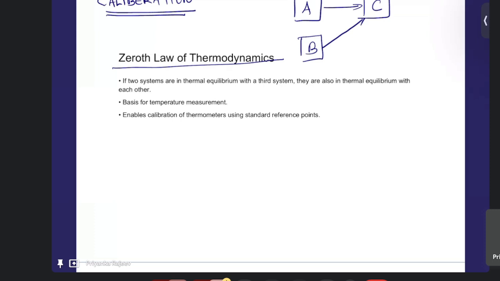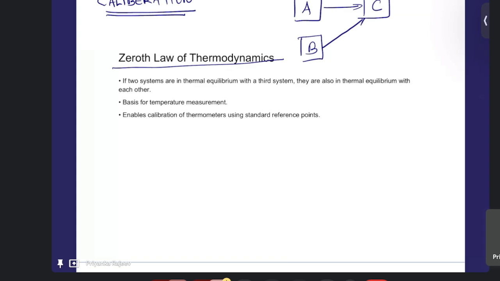Thermal equilibrium means what? If a thermal non-equilibrium exists, then there will be heat flow happening, right? Heat flow is due to temperature difference.